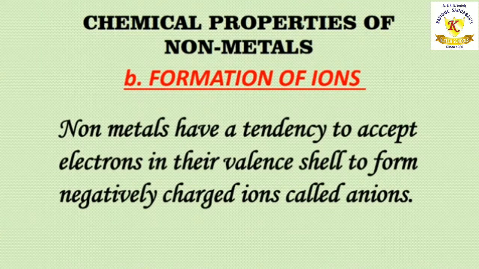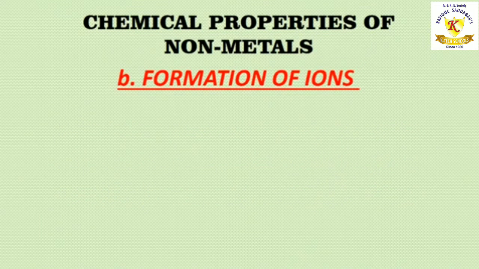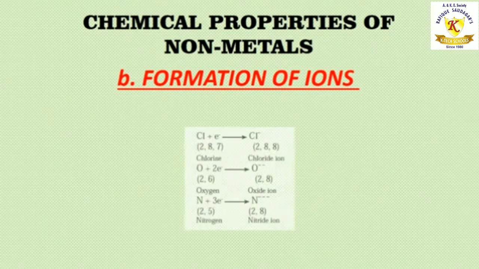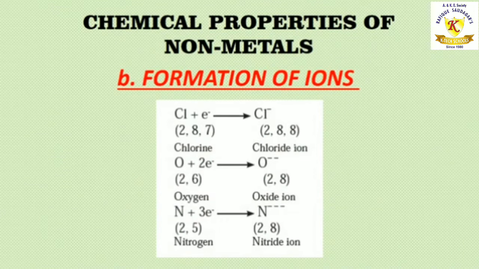Non-metals have a tendency to accept electrons in their valence shell to form negatively charged ions called anions. Now look at these examples.